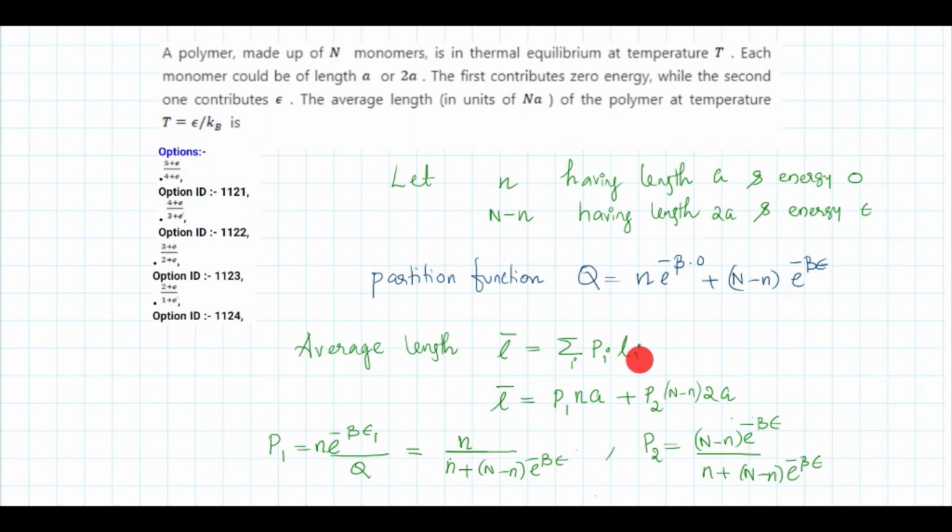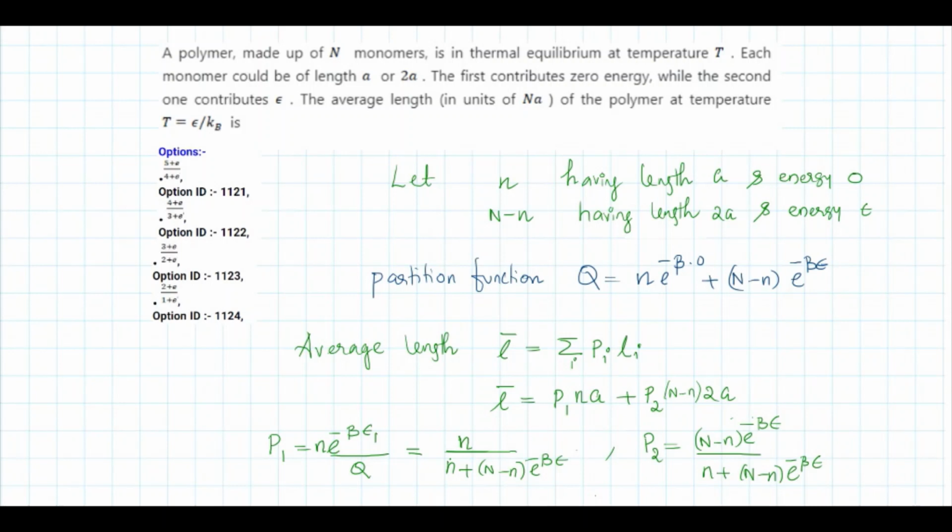If N minus n monomers have length 2A, the total length will be (N minus n) into 2A. So L1 is nA and L2 is (N minus n) 2A. Respective probabilities are P1 and P2. Then the average length will be P1 into nA plus P2 into (N minus n) 2A.